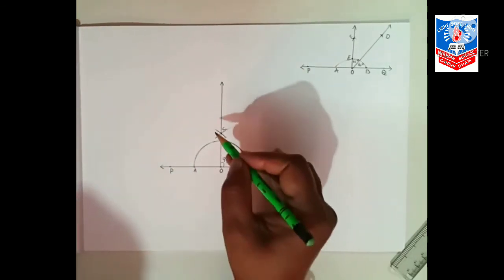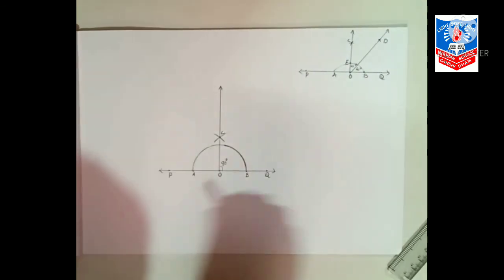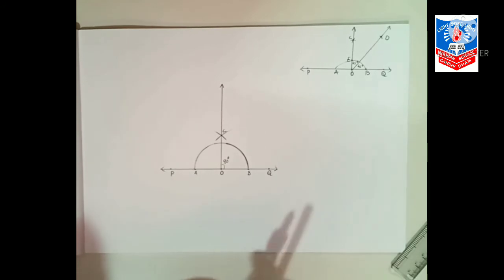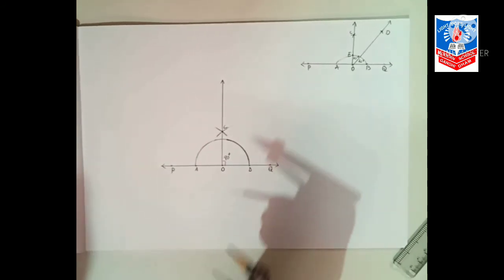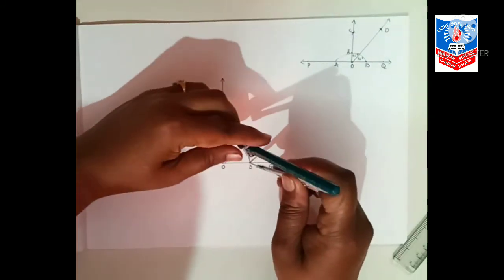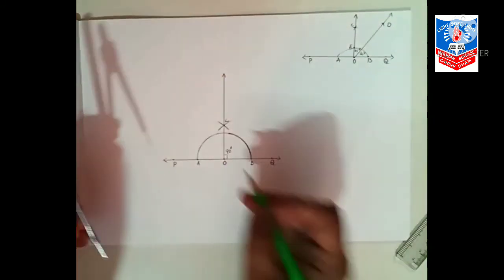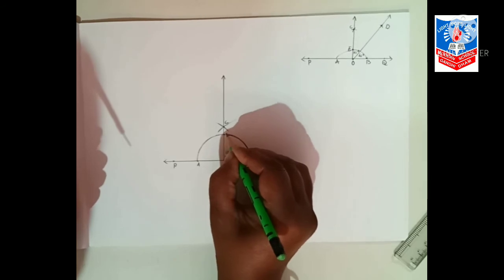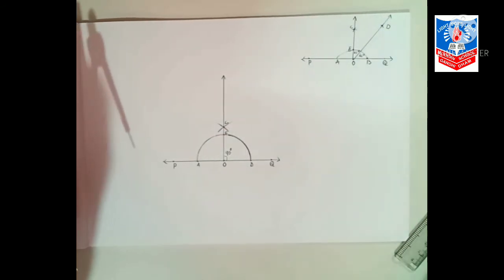We have to bisect this 90 degree angle. So again what to do? With center B, now give the name E to this intersecting point.